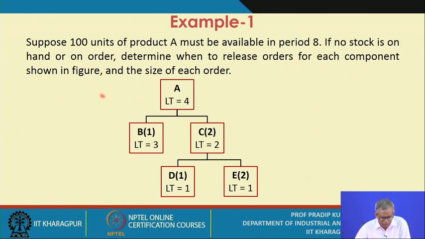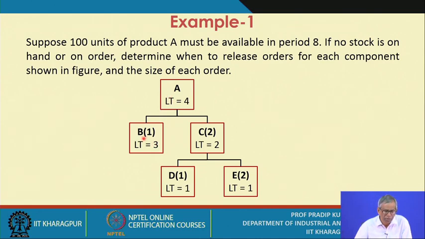Now what is this figure? This figure is a simple representation of the bill of material. And you also need to determine the size of each order. So the order for which items? The orders for B, C, D, E. In order to produce the end item A, what do you require as per the bill of material?